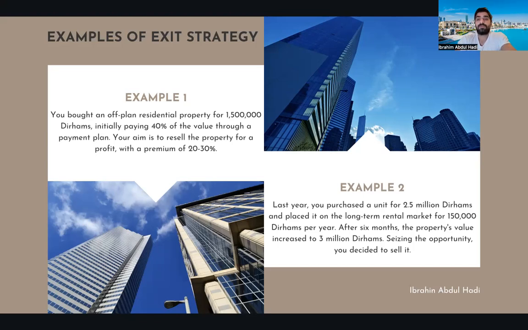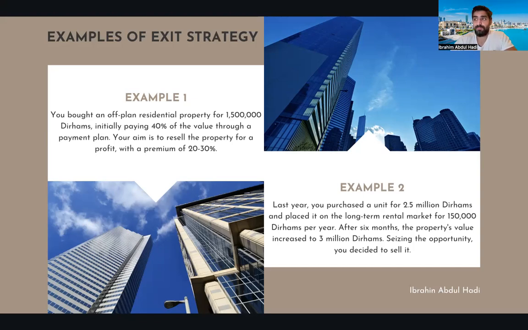So if we invest 40%, we are going now to resell it at 70% of the value. So this is how we make our exit. I'm flipping the property while it's off plan.